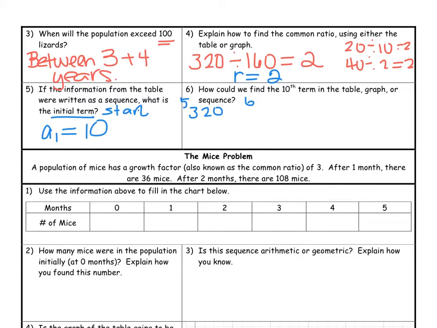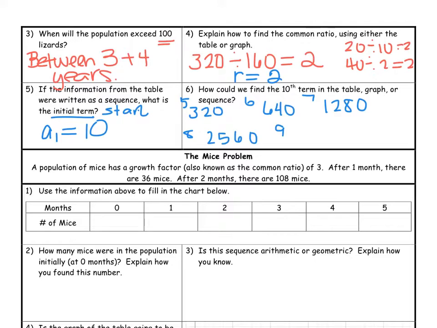Then our 6th term is 320 times 2, which is 640. Our 7th term is times 2, which is 1,280. Our 8th term is 1,280 times 2, and that's going to give me 2,560.